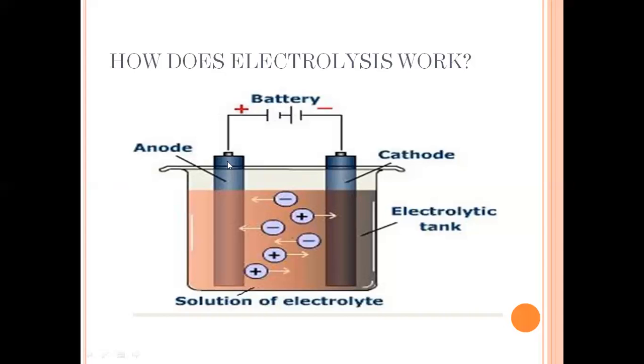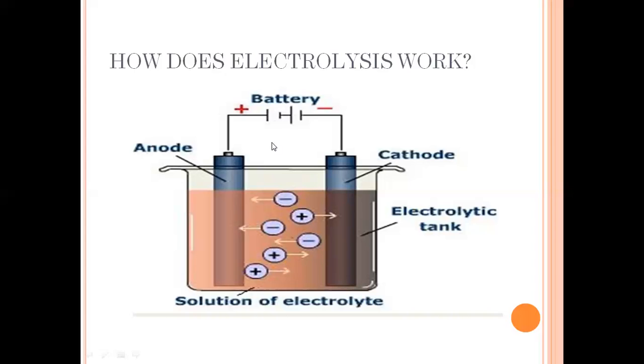These electrons move from the positive to the negative terminal and come to the cathode. Here, what happens actually? Positive ions are attracted towards the cathode and gain the electrons. So we can say that cations and anions are discharged in the form of atoms or molecules.